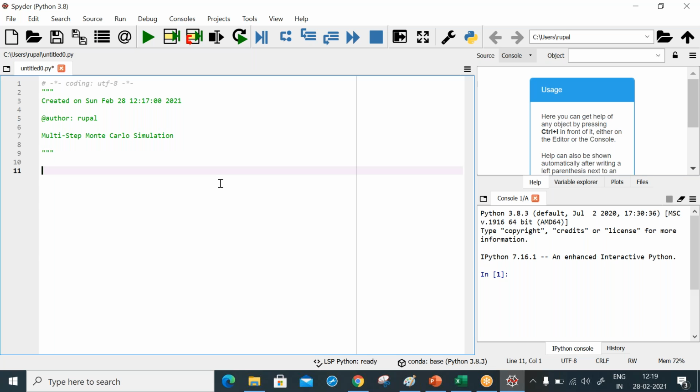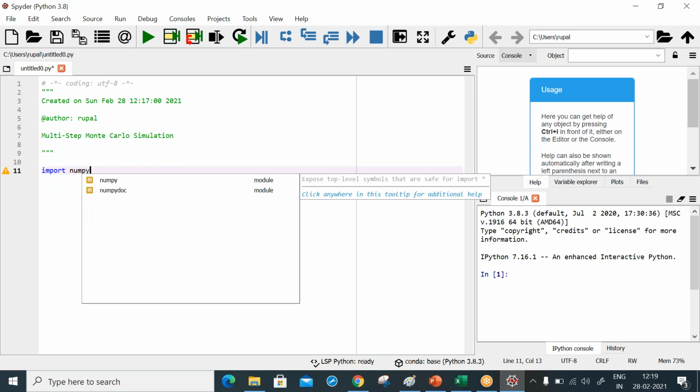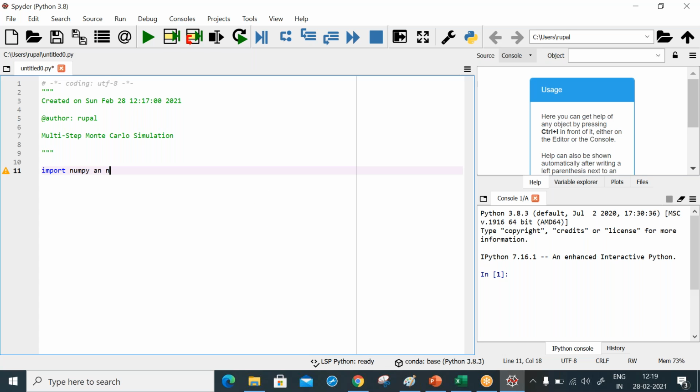The first step towards implementing this code is, first of all, getting the libraries. Getting libraries is quite easy in Python. Import NumPy as np, that is the first library.